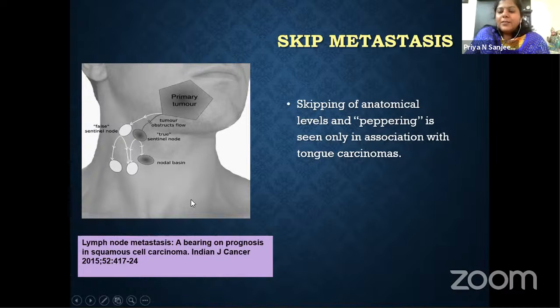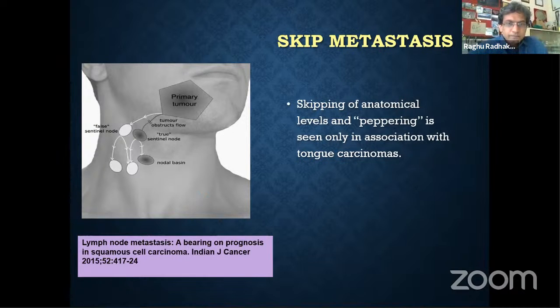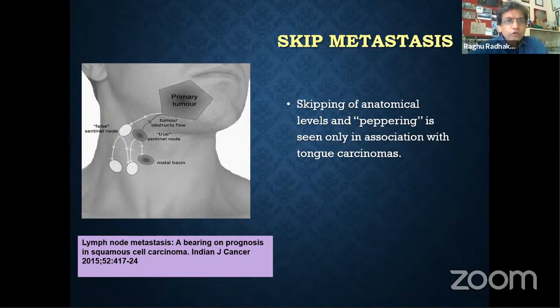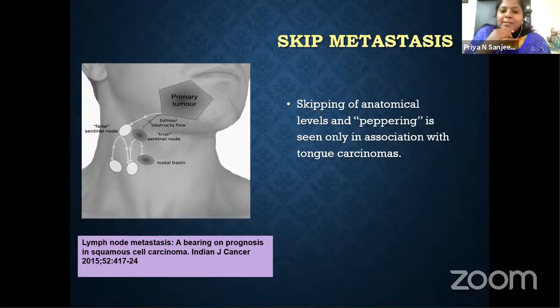Thank you. And sir, I think they asked about how to identify hidden metastasis in cervical lymph nodes. Yes, micrometastasis. It is difficult to identify in H&E sections, but as a first step, we can do deeper sections. We can go for serial step sectioning and try to look in H&E.